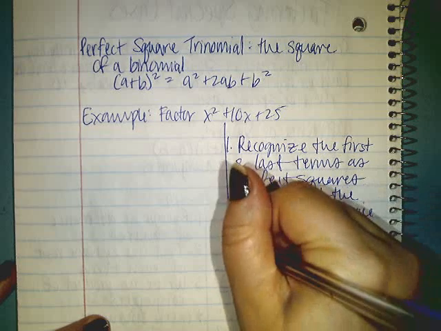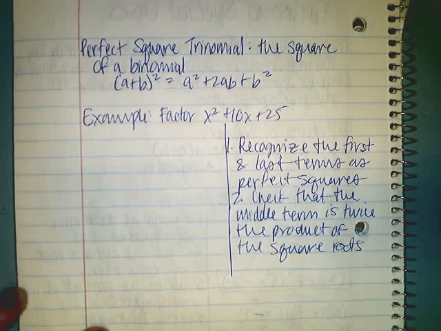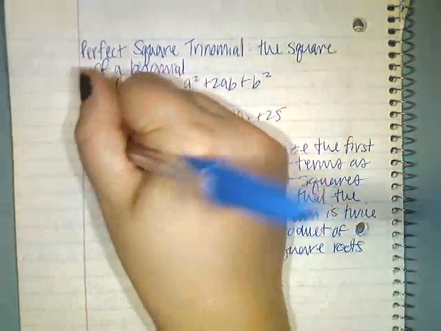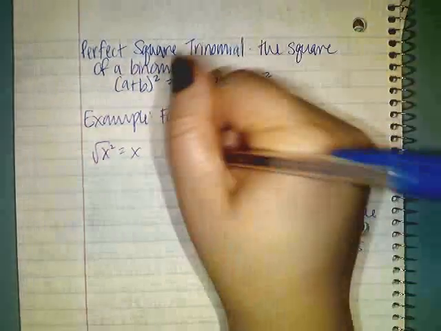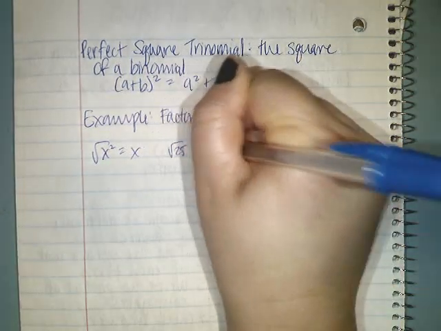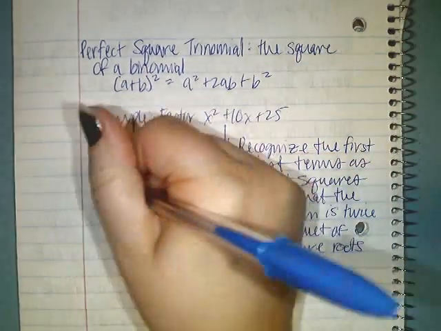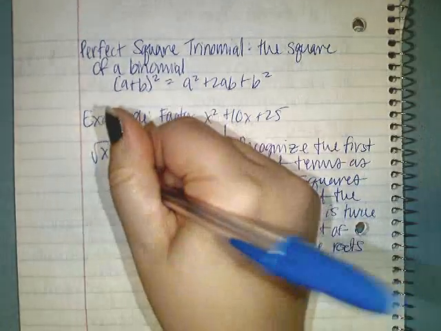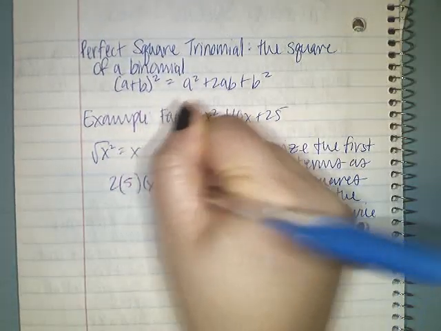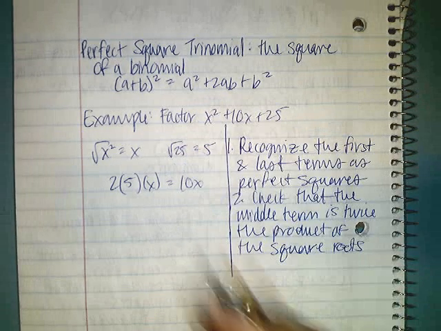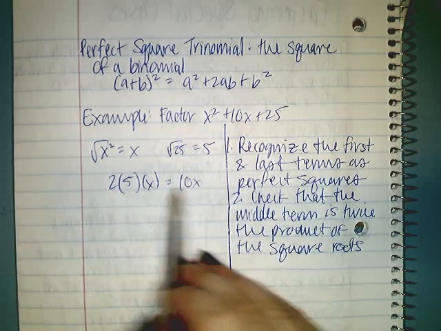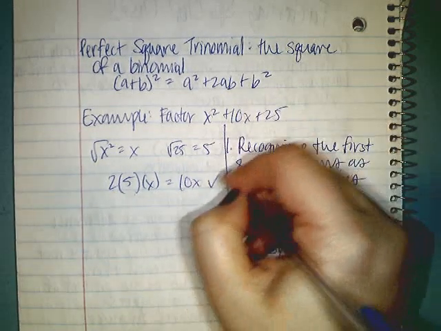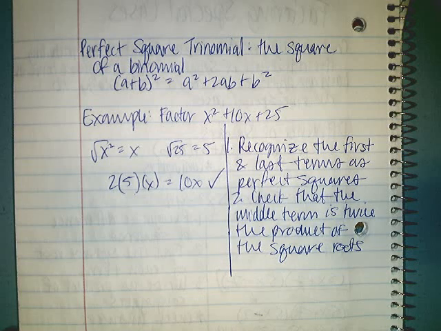So this sounds like a lot, and if it is more confusing for you, you don't have to do this. But I know the square root of x squared is just x. I know the square root of 25 is 5. And I know 2 times 5 times x is 10x, which is indeed my middle term. So that works out.